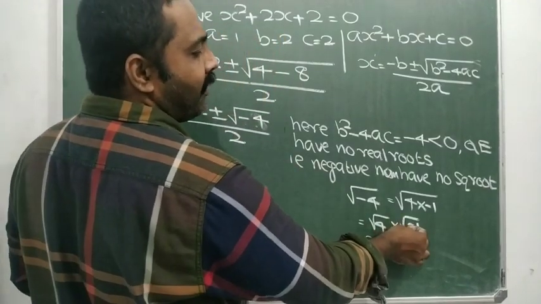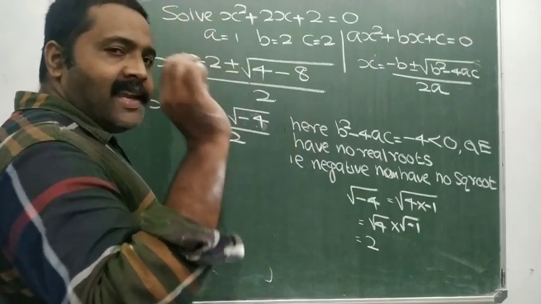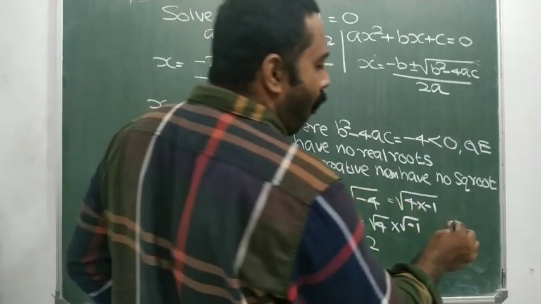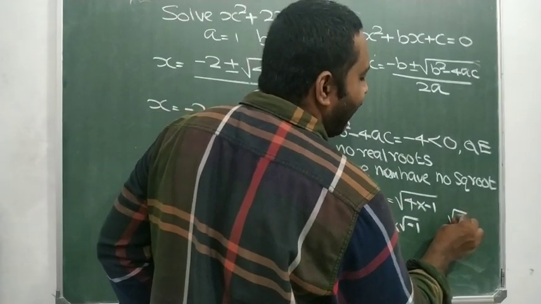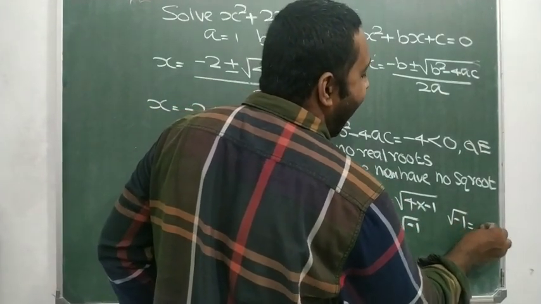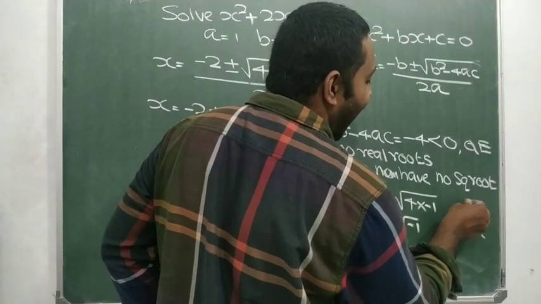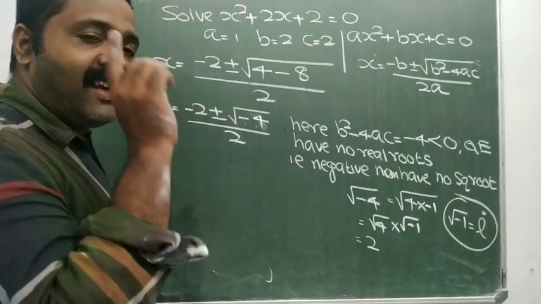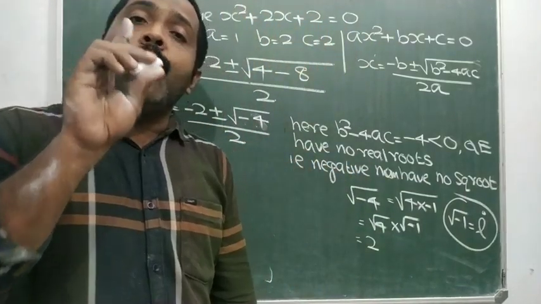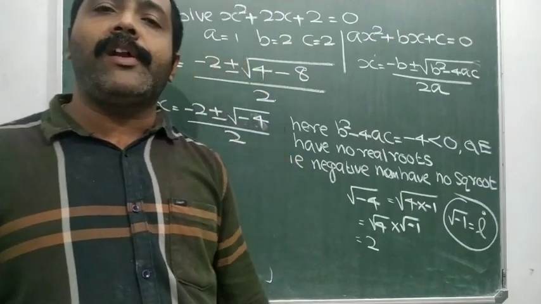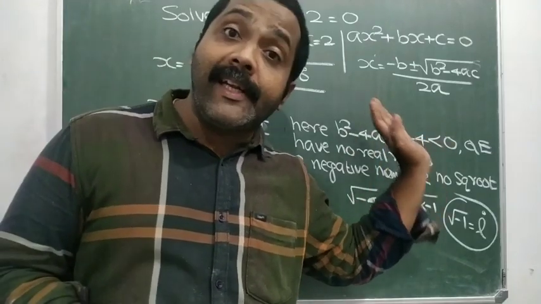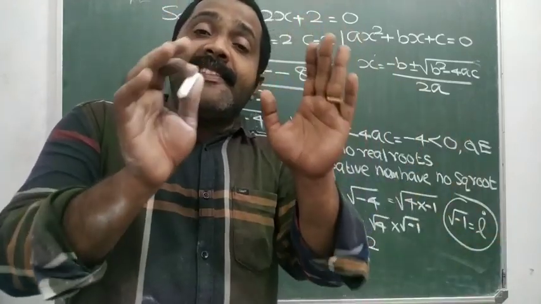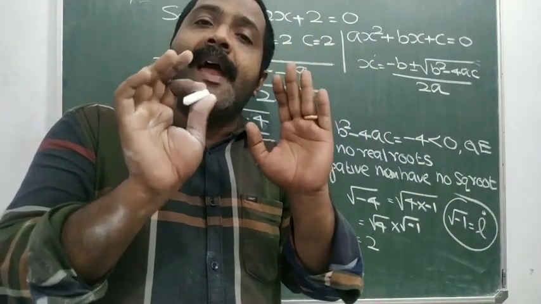and root -1. Hereafter the value of root -1 is I. Value of root -1 is I. I root -1 is an imaginary number.